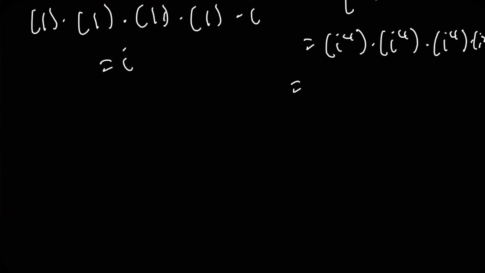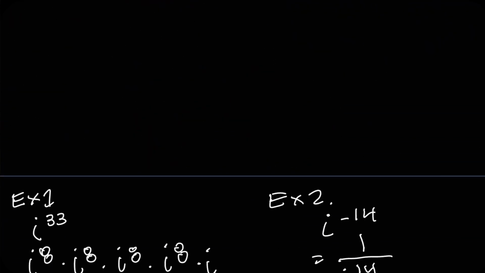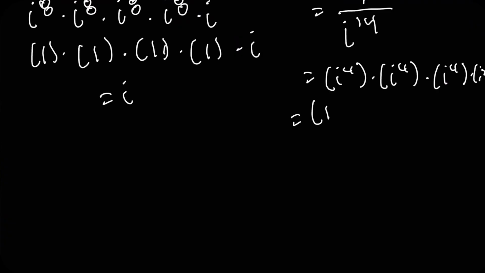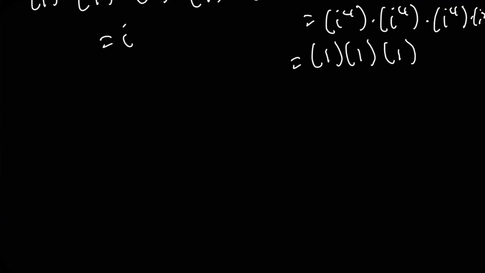And this will give us i to the fourth, let's see what that was. That was 1. So we'll have 1 times 1 times 1. And then i squared, if you remember, that was negative 1. So simplifying this is just going to be equal to 1 divided by negative 1, or negative 1.